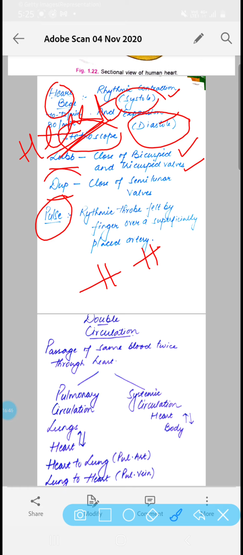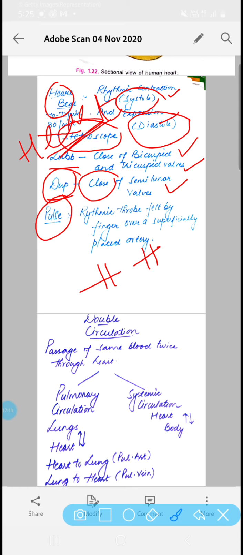Clear? And the dub sound, the second heart sound, is formed when the semilunar valves are closed. So the lub sound is due to the closure of the bicuspid and tricuspid valves, and the dub sound is due to the closure of the semilunar valves.